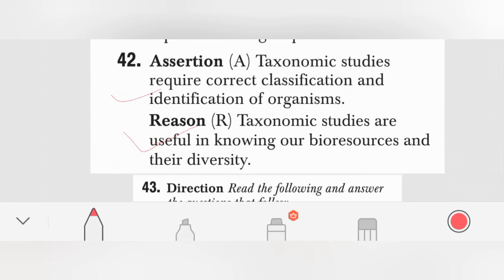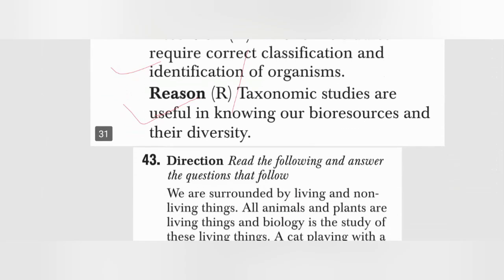Okay, so that is true. These studies require correct classification and identification, and these are fundamental and essential for training in systematics. Okay, so the information gathered is stored along with the specimen for future studies. So they are true but not the correct explanation.